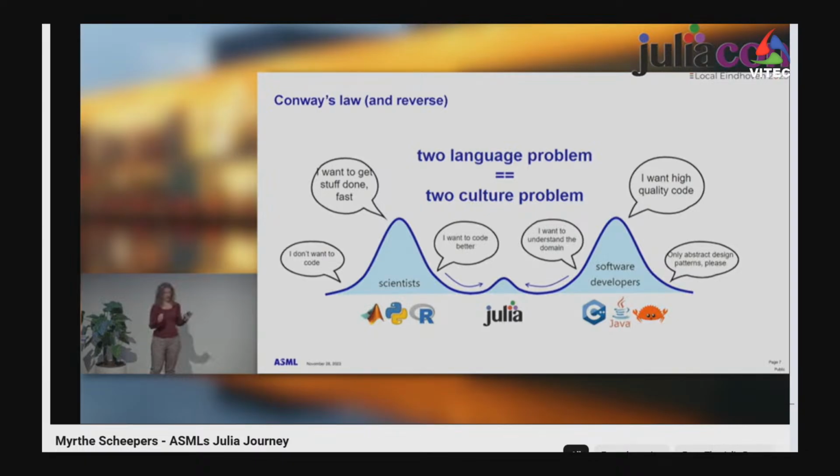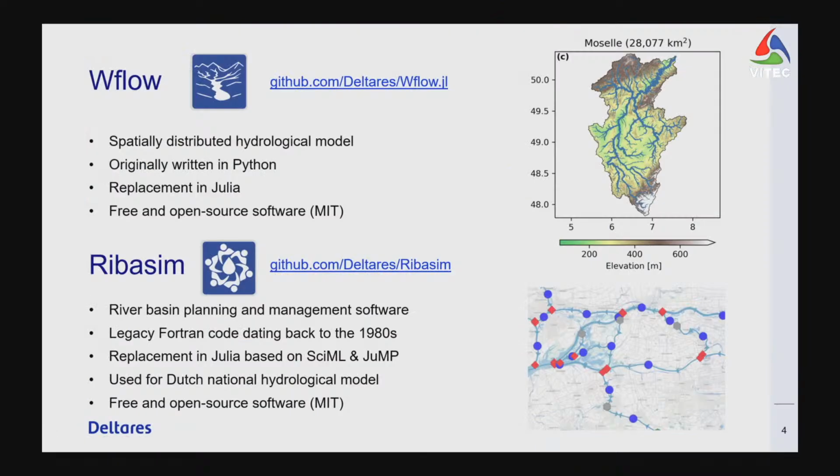But since 2020, we started moving some of our simulation kernels to Julia, and so that's much more on the right side of this graph. And by now we have 2 of these kernels written in Julia.